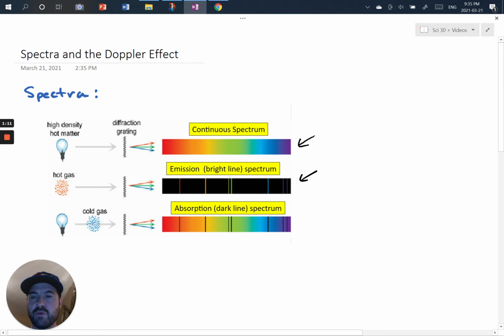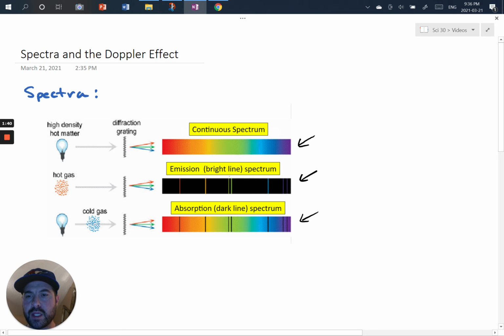This would be if we were looking sort of close up at an excited gas of an element. And so what we would see is only the wavelengths that are being emitted by that excited element.